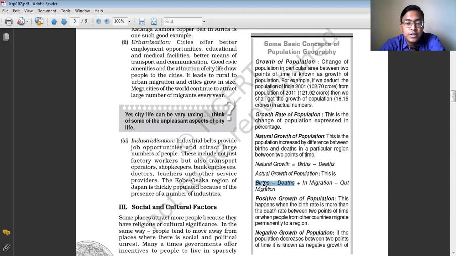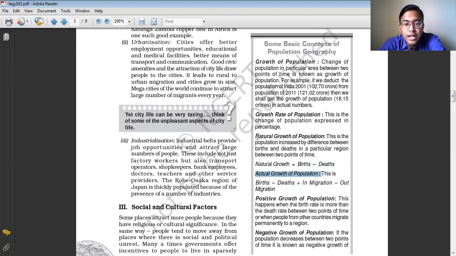Suppose 20 children have taken birth and 5 people have died. So 20 minus 5 is 15. Plus suppose 10 people came to our country from other countries and 5 people migrated from our country to other countries, so there is an addition of 5. So 15 plus 5 is equal to 20. So a total of 20 people have increased in our country. Just an example. So this is the actual growth of population.